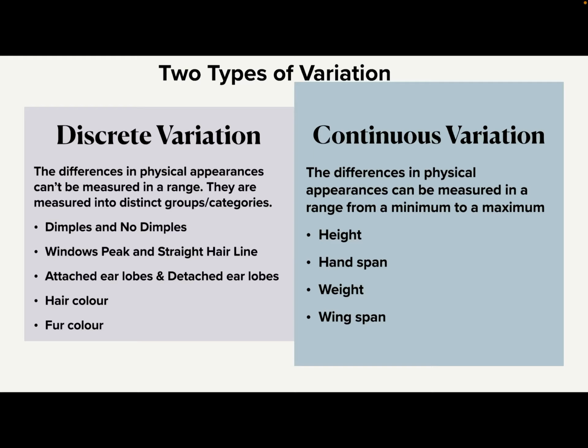Some species have huge wingspans, like the golden eagle, and other birds like a robin will have quite a small wingspan. But the wingspan within the same species is a measurable difference, and it's measurable from a minimum to a maximum. Whereas if you thought about the eye colours within a species, they can be measured, but they're measured into different groups. They're not arranged in a maximum to minimum line. So that's the difference between discrete and continuous variation.